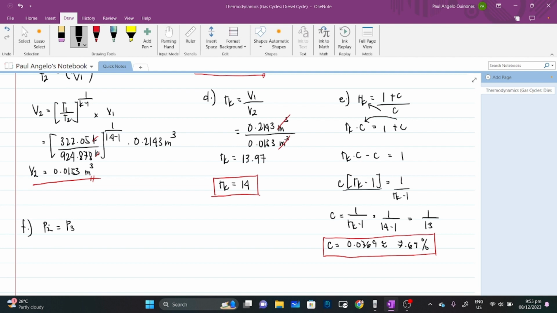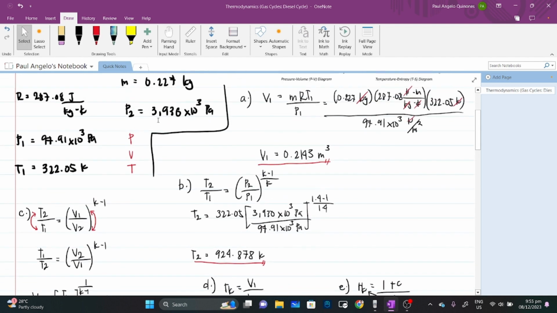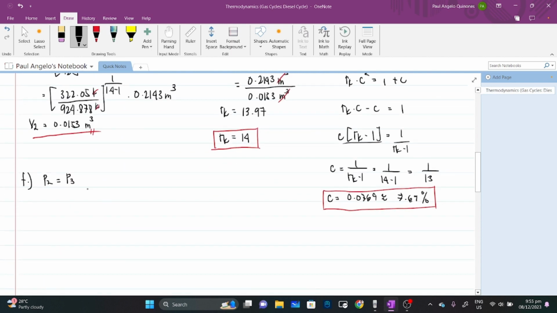Because P2 is already given in the problem, which is 3,930 kilopascal. So therefore we can conclude that P3 is equal to 3,930 kilopascal. Okay, so that's our conclusion.